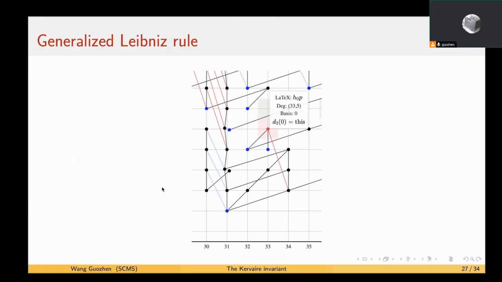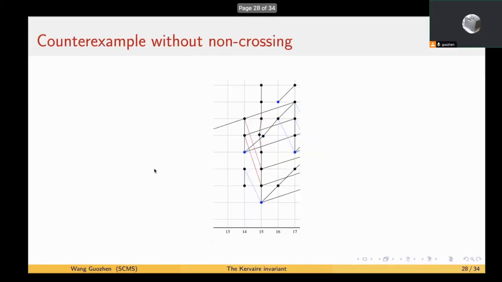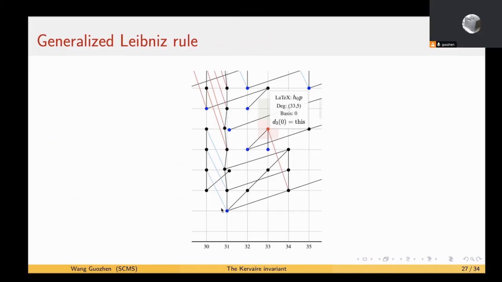So here is the illustration of the generalized Leibniz rule. Suppose we know all these blue D2 differentials. We want to show that they are non-trivial D3 differentials like this. So what do we want to show? First, we have this D2 differential.